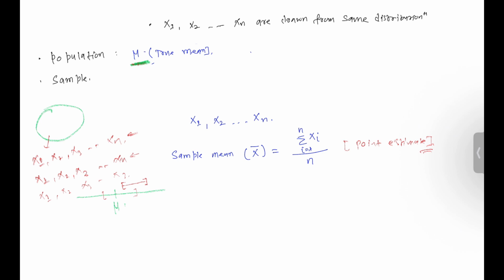Another day you try to find this interval, and this interval is capturing the true mean. And let's suppose you do this for 100 days, that means you will have 100 samples.